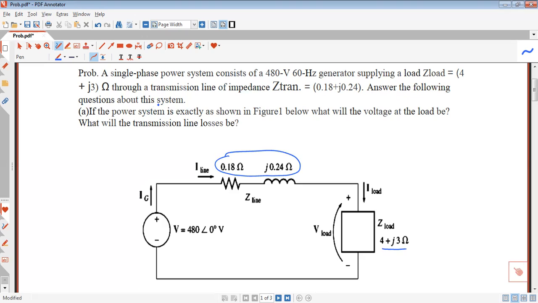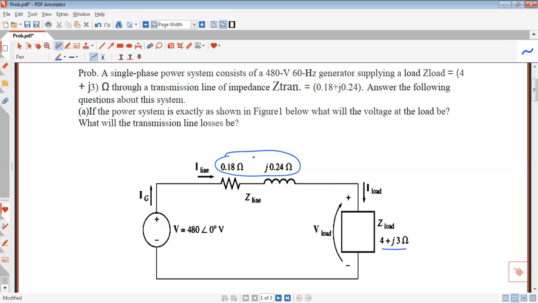Answer the following questions about this system. If the power system is exactly as shown in figure 1 below, what will be the voltage at the load? What will be the transmission losses? Here we have to find the voltage at the load and the transmission loss.